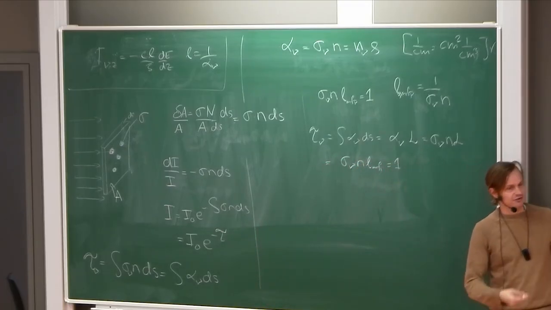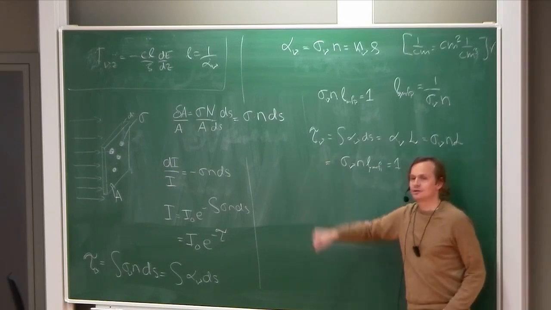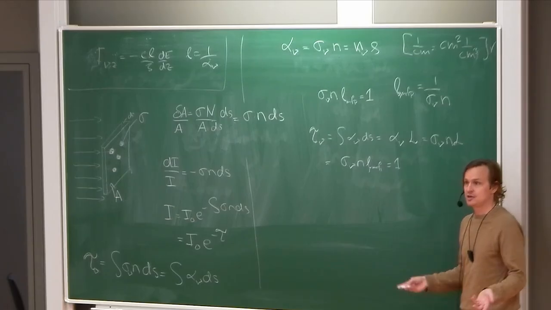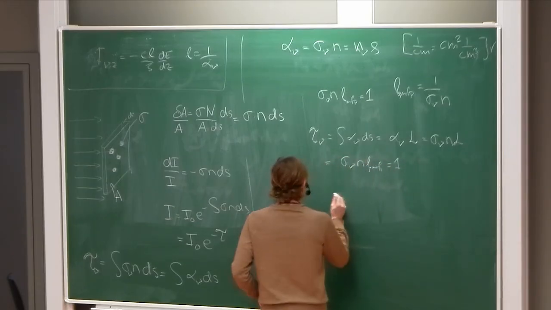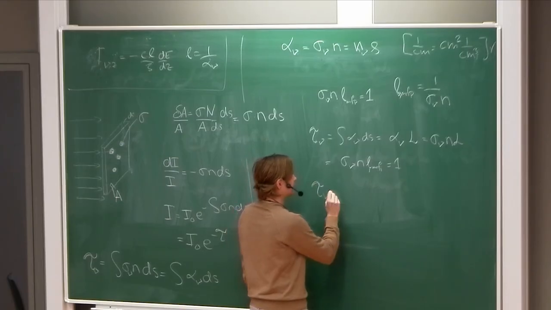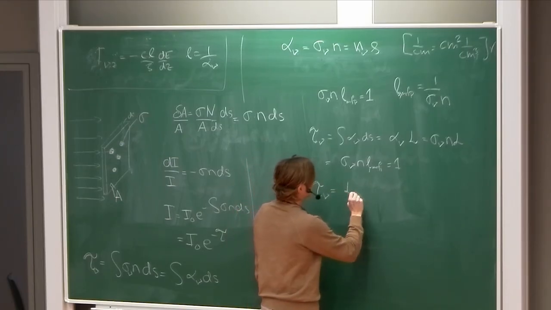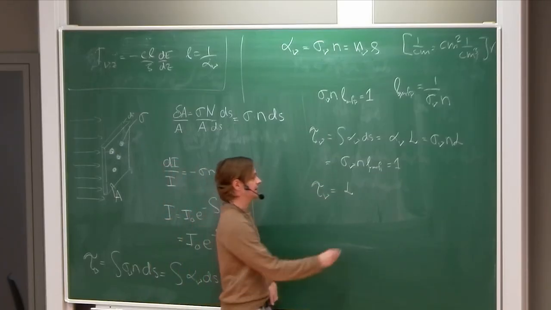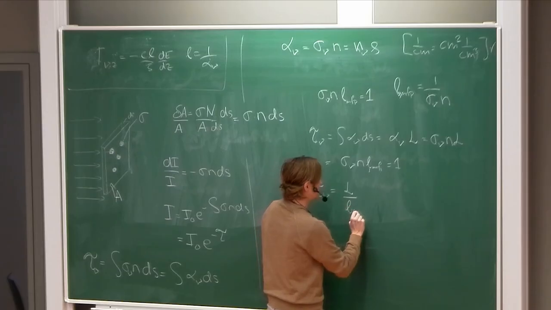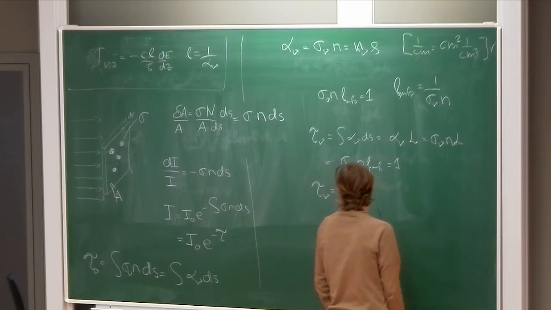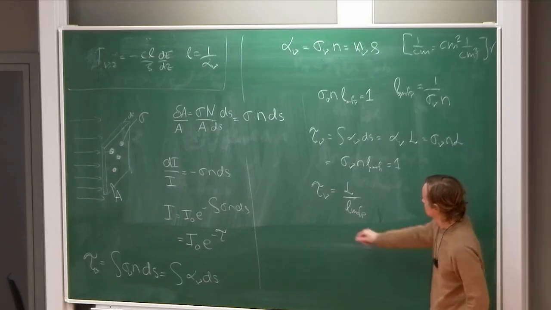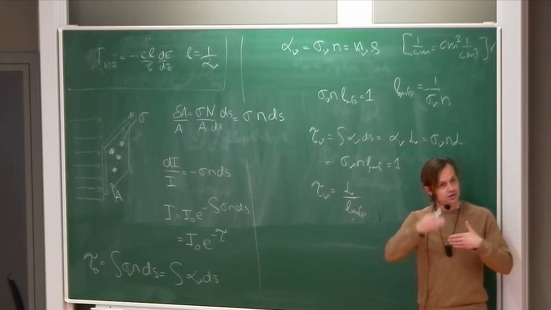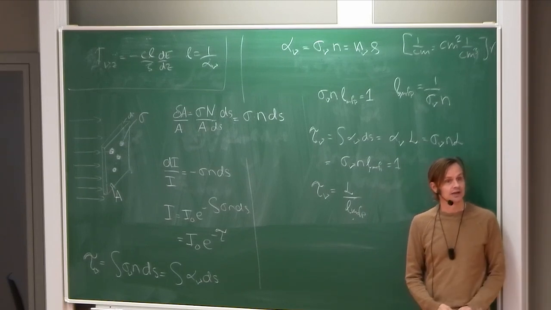So in this case, the mean free path is indeed equivalent to an optical depth of unity for a homogeneous medium. So in this way, we could also write the characteristic optical depth as the total length of the slab divided by the mean free path. So in that sense, the optical depth is a measurement of how far we traverse as compared to the typical mean free path of a photon, right?